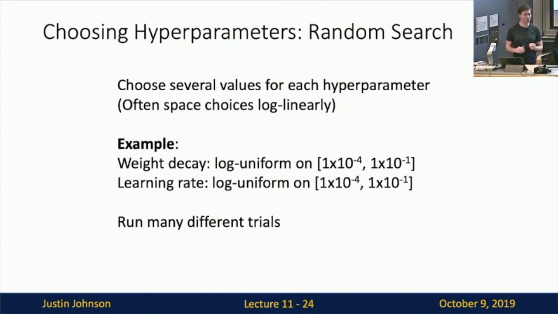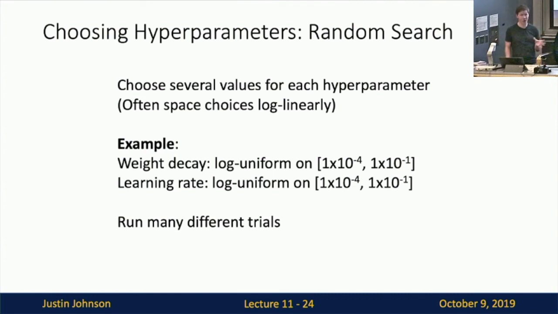Each time we train our model, we select a random value for each of those hyperparameters that falls within that range. Again, for something like a learning rate and a weight decay, you'll often want to search in a log linear space. Whereas for other types of hyperparameters, like the width of a network, model size, or dropout probability, sometimes you'll see a linear rather than log linear spacing.